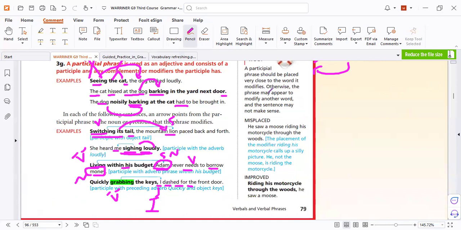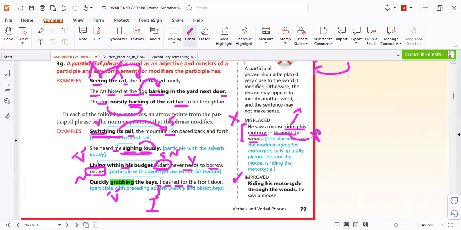And now let's see a mistake in the exam. Why is this example wrong and why is this correct? Let's read. He saw a moose riding his motorcycle through the woods. We have a phrase: present participle, prepositional phrase.